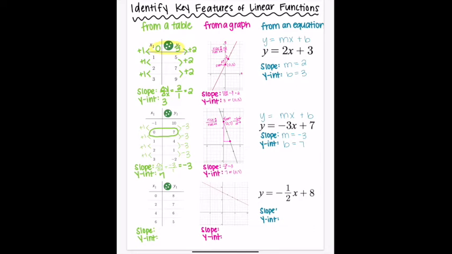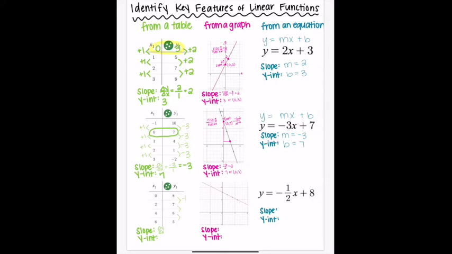And finally, let's look at this third function in all three forms and find the slope and the y-intercept for it. Let's start with the table again. So we have our change in y first, and then change in x. So change in y from 8 to 7 to 6 to 5, how's that changing?